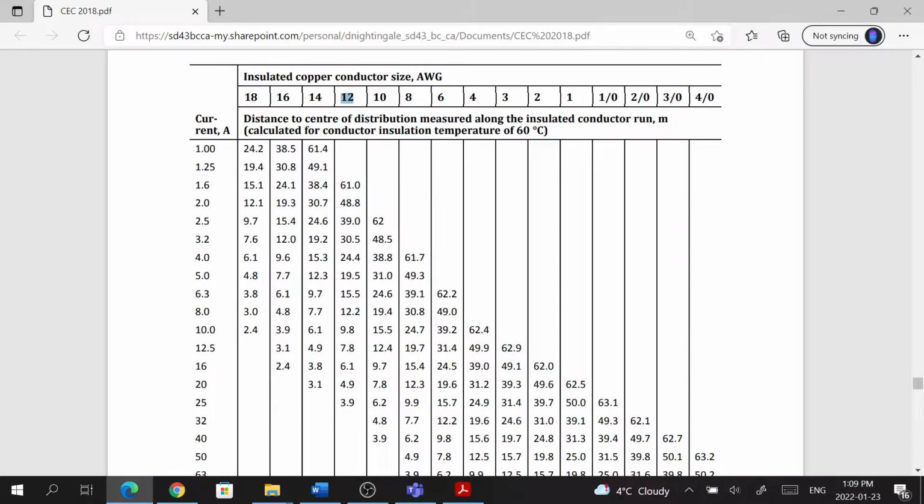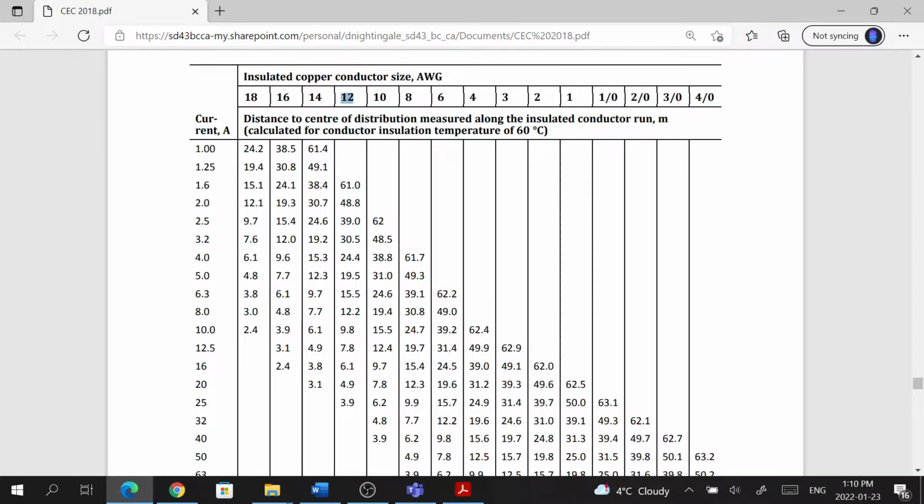That's not very far. Now, we're allowed 3%, so we would multiply this number here, 3.1 by 3, which would give us approximately 9.3 meters.